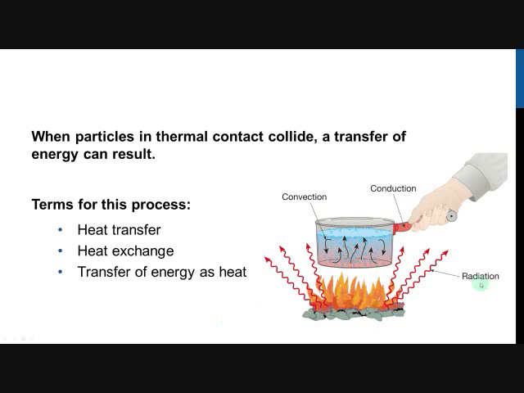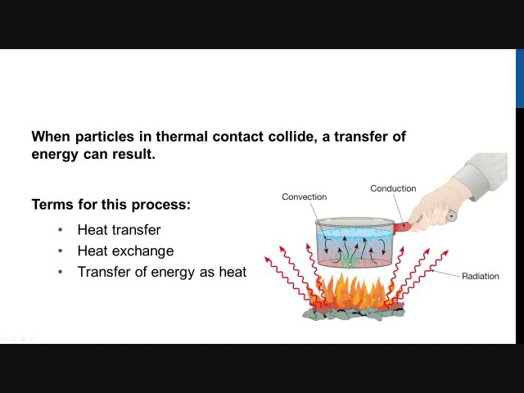We have radiation, where the heat would go out through air, like the radiation from the sun would be radiation energy. Conduction is when you're actually touching it, and then convection is when you have this movement of particles. What ends up happening when you boil water is it gets hotter on the bottom first, because that's what's usually in contact with your heat source.